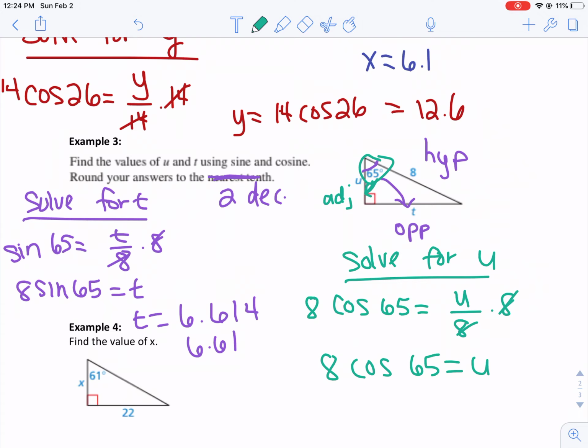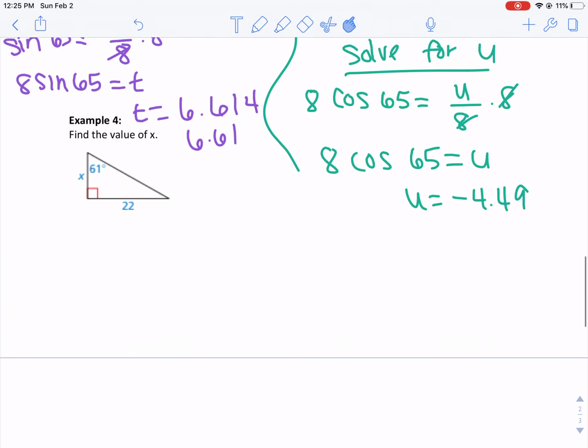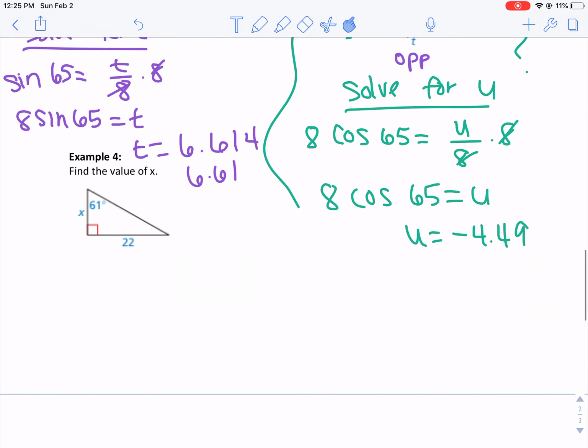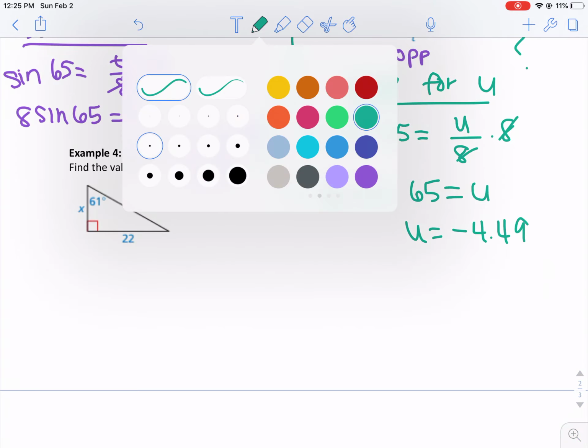It's giving me negative 4.49. And I know that can't be correct because we're talking about side lengths, and my side lengths can't be negative. So there's something wrong on this, and I'll take a look at it, and we'll come back and look at it on Monday. But the other side is correct. I don't know what I did wrong, but it doesn't matter.